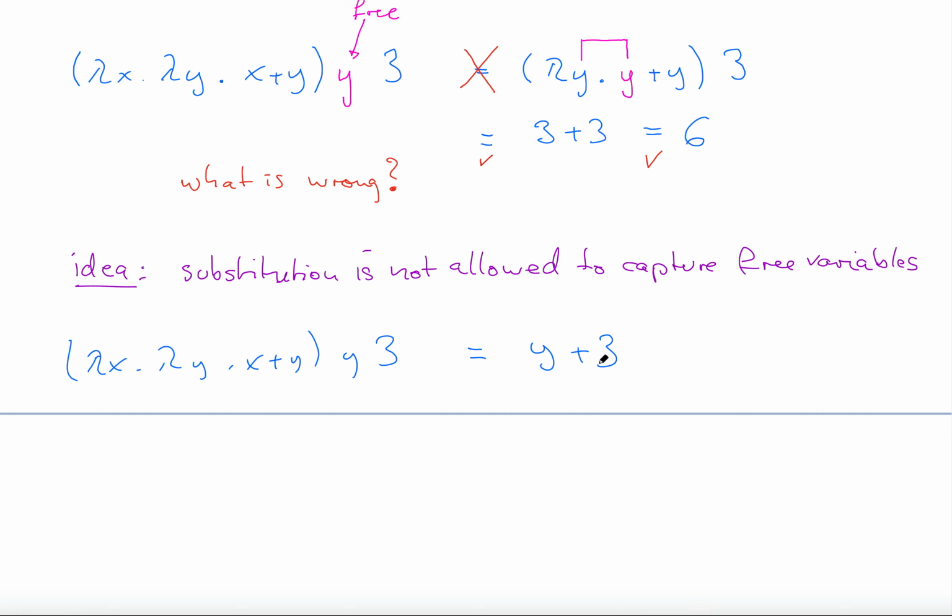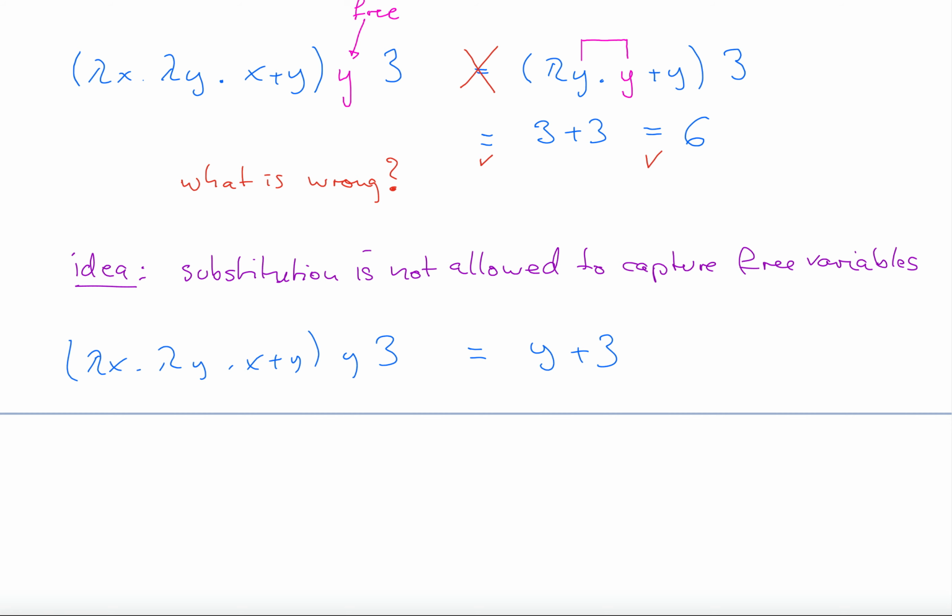Because whether the free variable is a y or a z, they may have different values, but in this part of the computation, I don't use the values of y and z. So this part of the computation should be the same for y and z. It shouldn't depend on the actual name. But at the moment, this computation is not possible because we restricted the beta rule. So we need a new rule to make this computation possible after all.